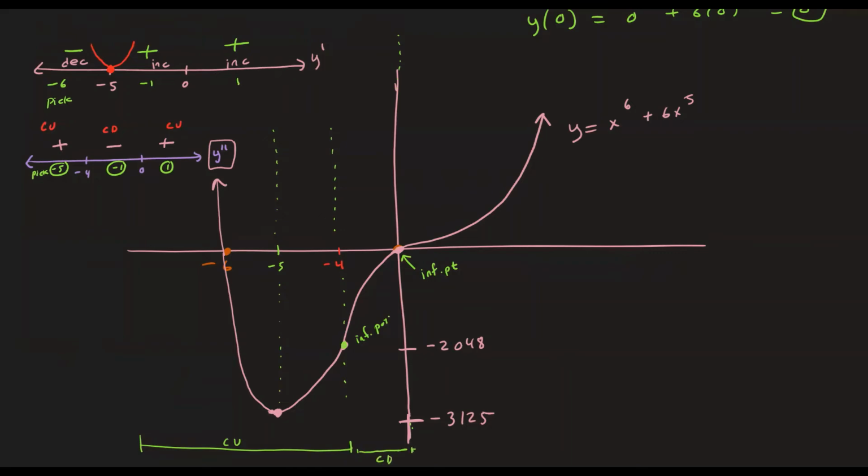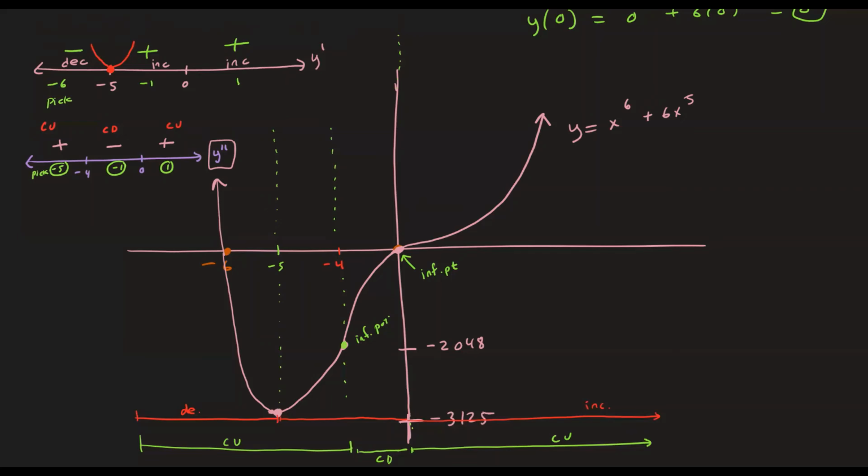And then from 0 to infinity, again, we're concave up. And from here to here, we're decreasing. Then from here to here, you're increasing, and then you continue to increase.